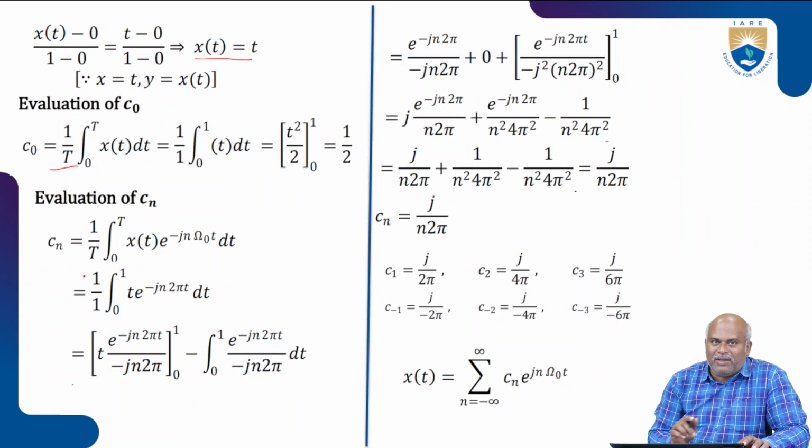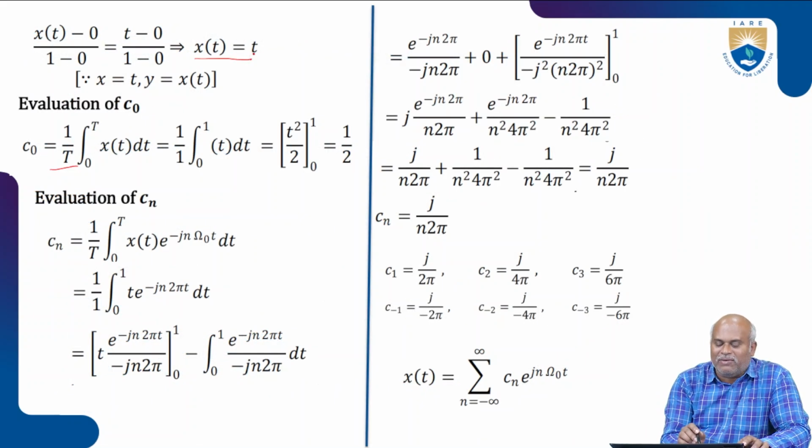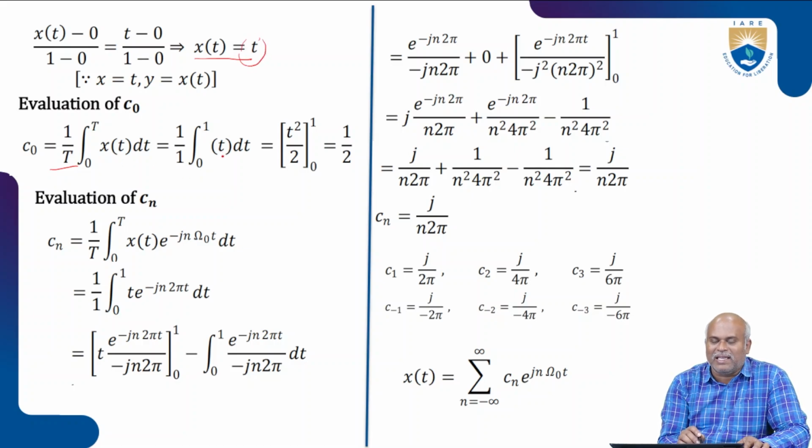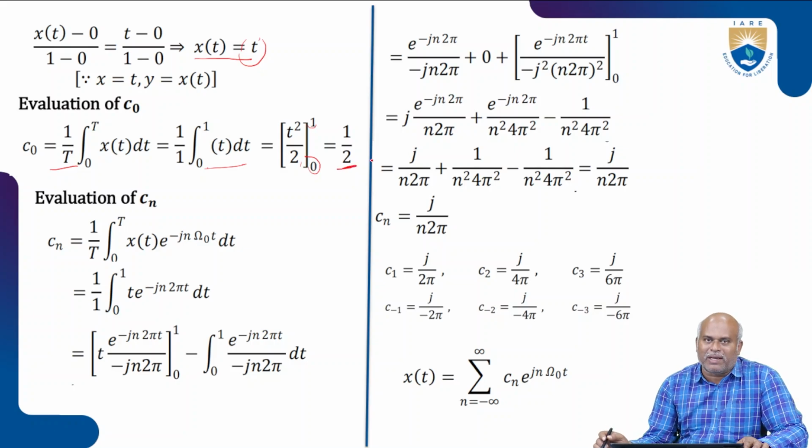Then x of t is equal to t, so we substitute for t here. That value is 1 by 1 integration of 0 to 1 t dt. If you integrate, t square by 2, you can substitute for the interval of 0 and 1. Finally, we got 1 by 2.